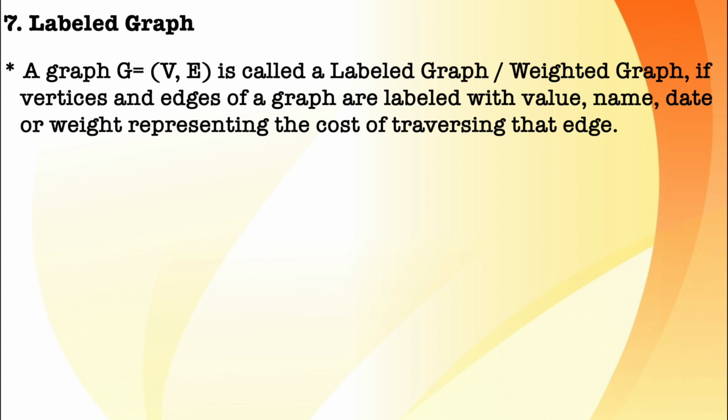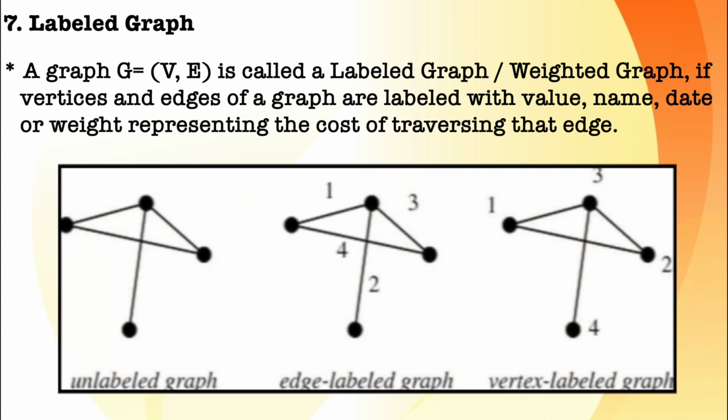Labeled graph. A graph G equal to (V, E) is called a labeled graph or weighted graph if vertices and edges of the graph are labeled with a value, name, date or weight representing the cost of traversing that edge. For example, in the weighted graph, the edge will be a directed edge and will have some value, and the node also will have some value.